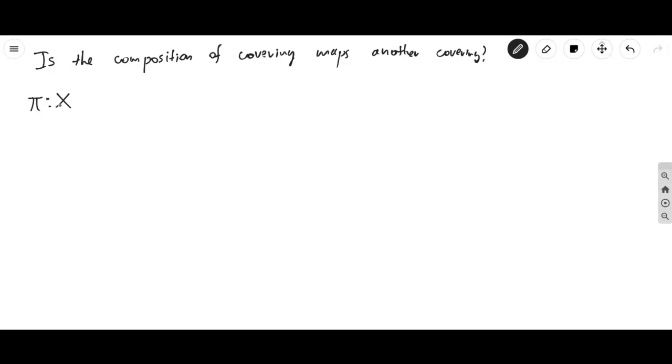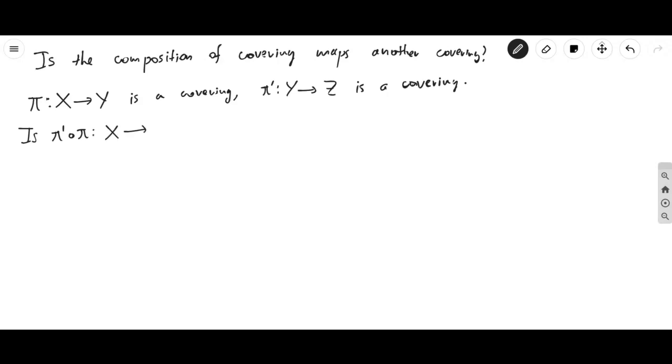Let's say pi from X to Y is a covering, and pi prime from Y to Z is a covering. So the question is, is pi prime composed with pi, going from X to Z directly, also a covering?